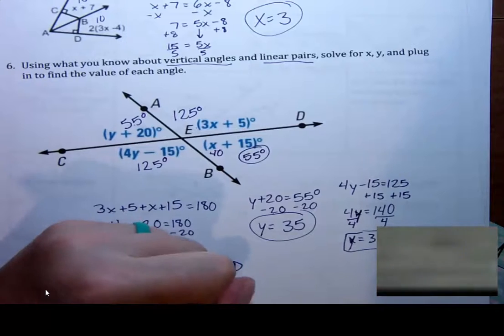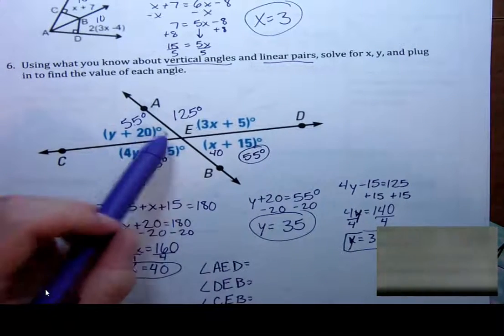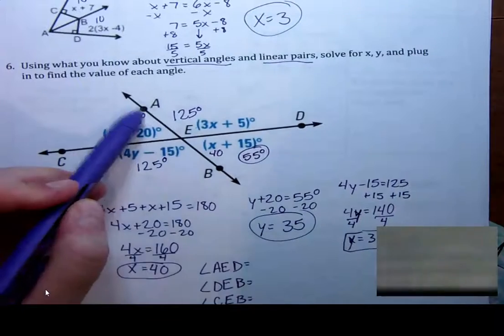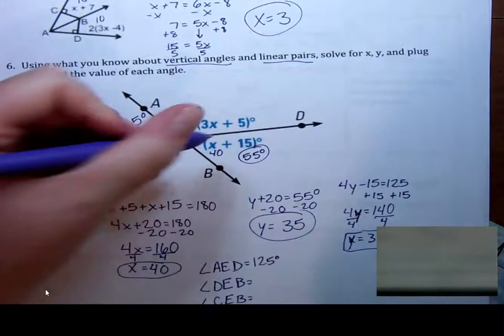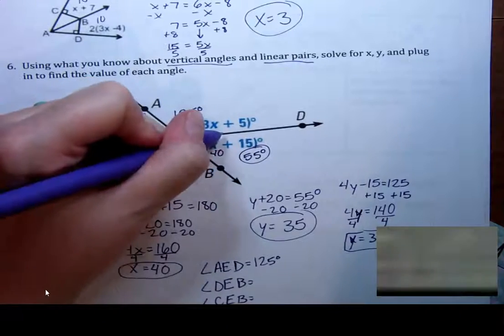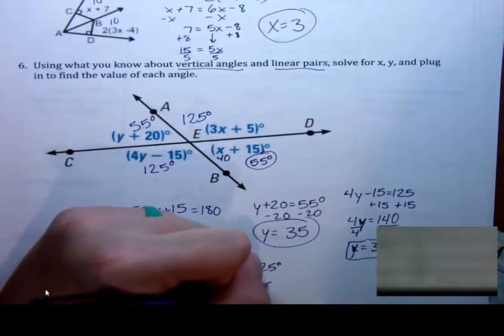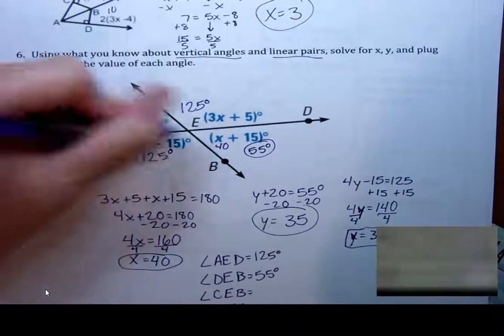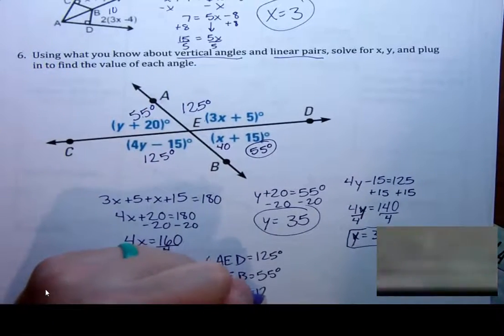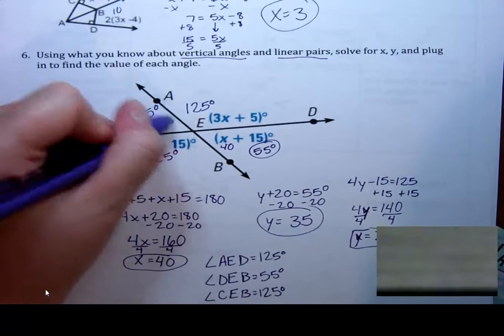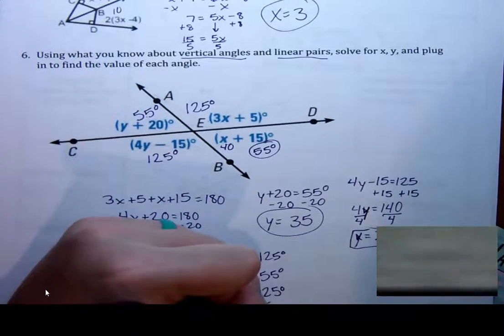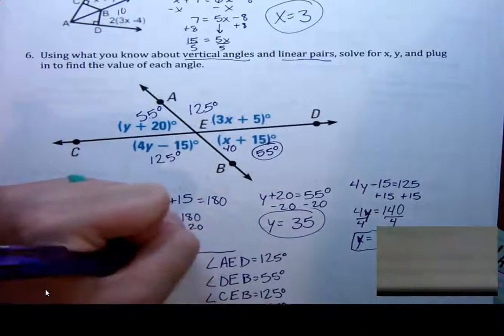So notice all of the middle letters are E, because that is the central vertex. So this first angle, AED, is 125 degrees. The second angle, DEB, is 55 degrees. The third angle, CEB, is 125. And the fourth angle, AEC, is 55.